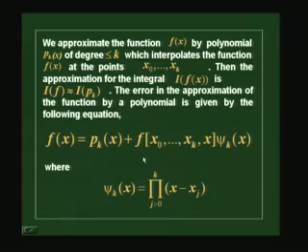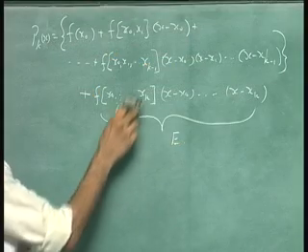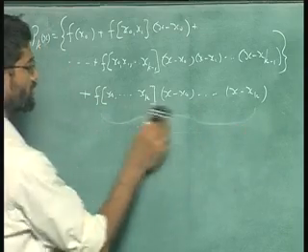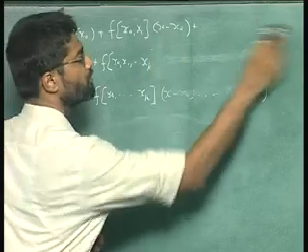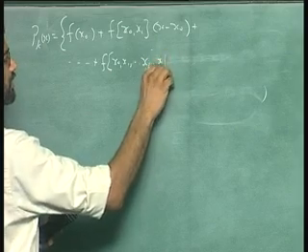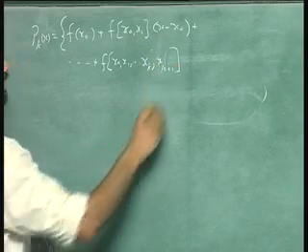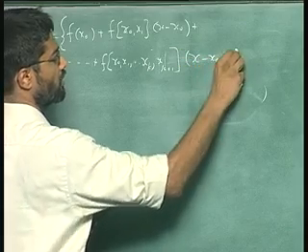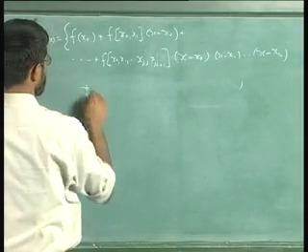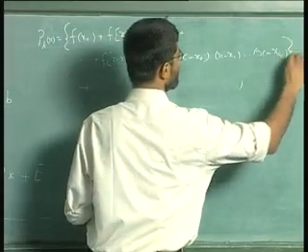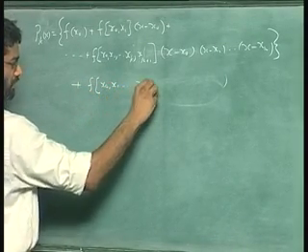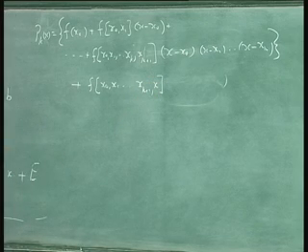Now, if I want to evaluate this polynomial at x, I just add one more point here, x k plus 1, and then I would write it as x minus x 0 into x minus x 1 up to x minus x k, and then plus the error term as f of x 0, x 1 up to x k plus 1, and then I make the polynomial pass through that particular value of x.